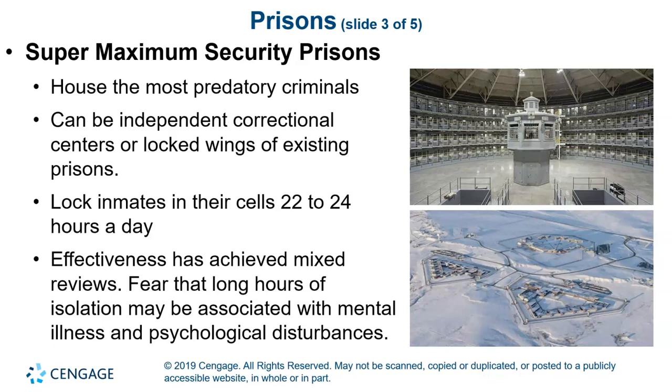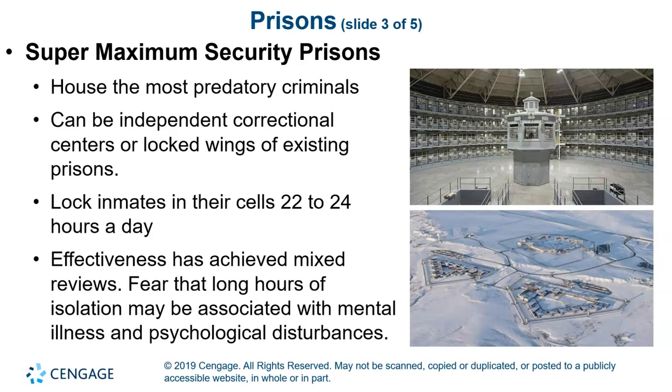Then a subcategory would be the supermax. So some states have constructed super maximum security prisons to house the most predatory criminals. These high security institutions can be independent correctional centers or locked wings of existing prisons. Some supermax prisons lock inmates in their cells 22 to 24 hours a day, never allowing them out unless they're shackled.